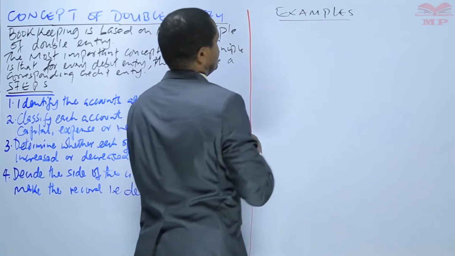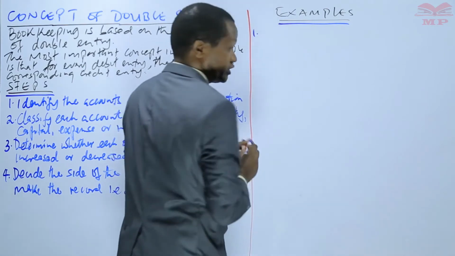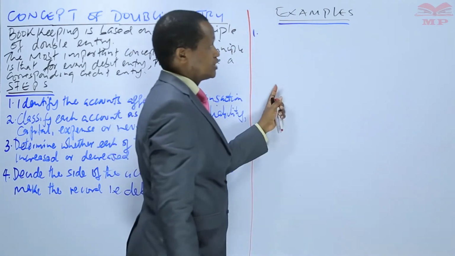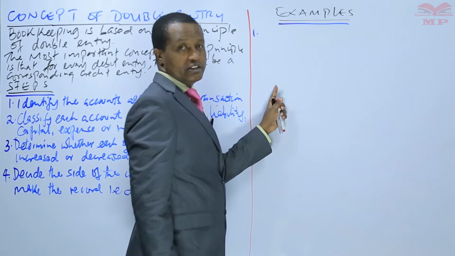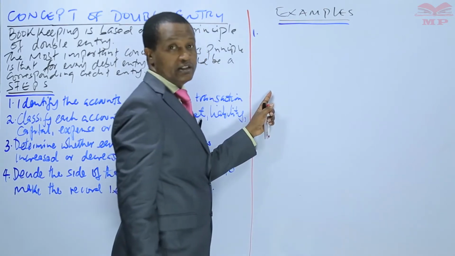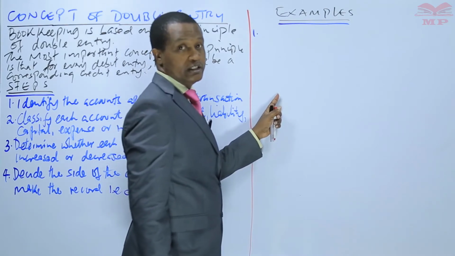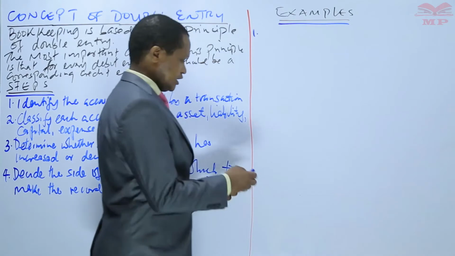Example number one of a transaction. I want to list some transactions here, and then we see how the transactions can be recorded in the ledger accounts using the concept of double entry.